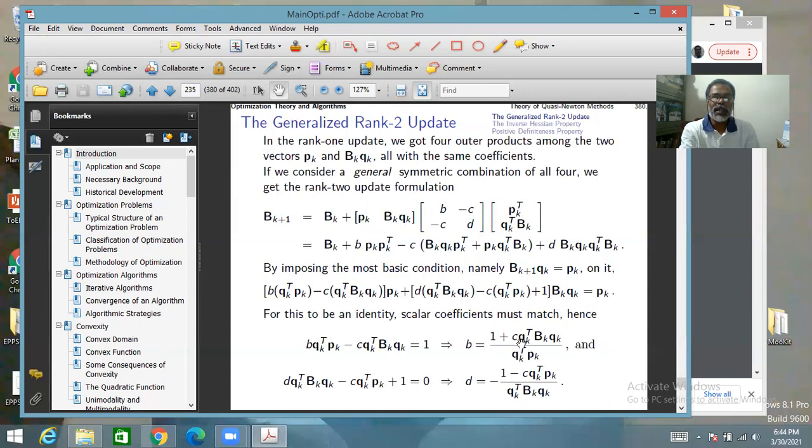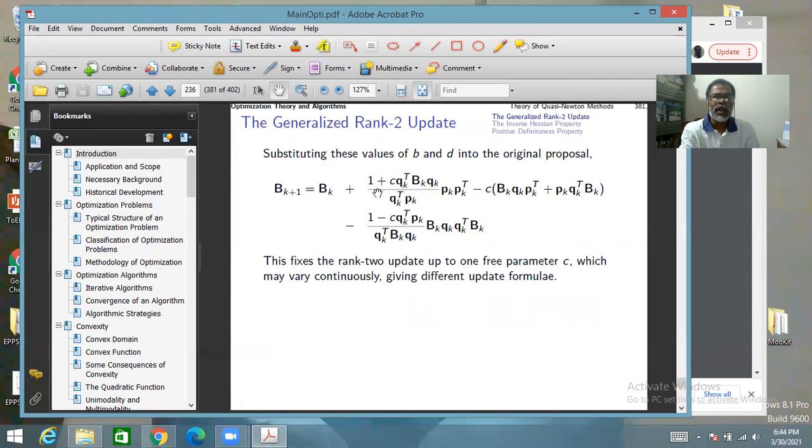This 1 plus something and this 1 minus something, these two terms are here and here. And this is the original C as it was in the coefficient of these terms.